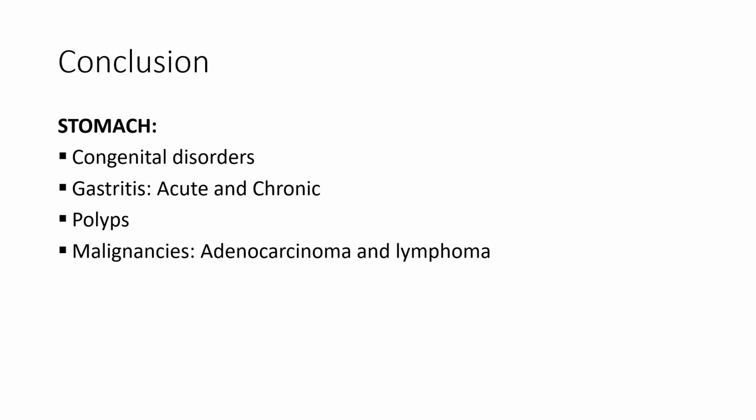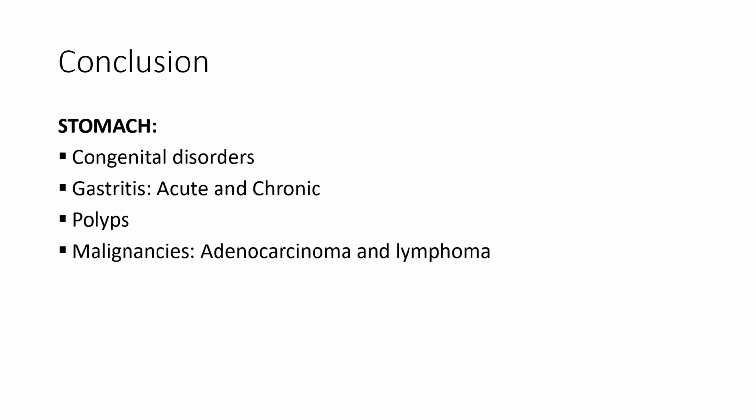In this lecture, we discussed the different pathologies affecting the stomach, and these pathologies range from non-neoplastic conditions to neoplastic conditions. We first started by discussing the congenital disorders affecting the stomach, and we mentioned that pyloric stenosis is the most common congenital disorder of the stomach.